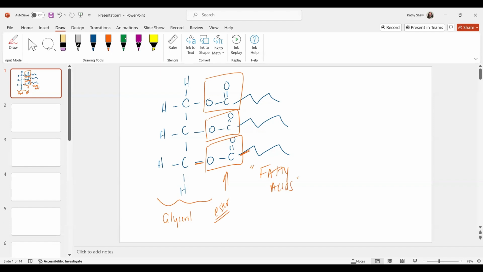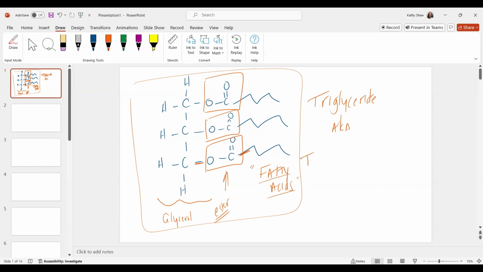So this structure altogether with the three fatty acids attached to it is a triglyceride, also known as a triacylglycerol, also known as a TAG.